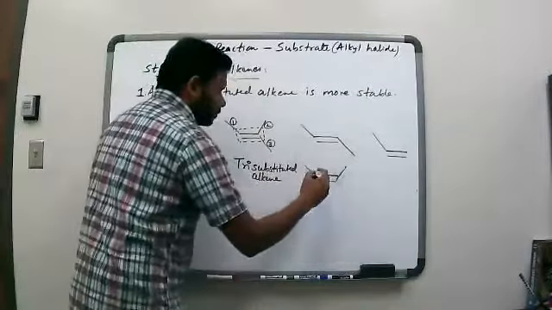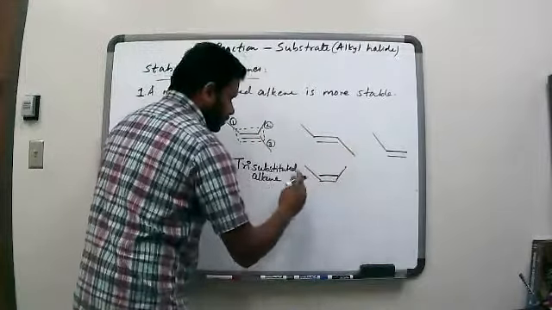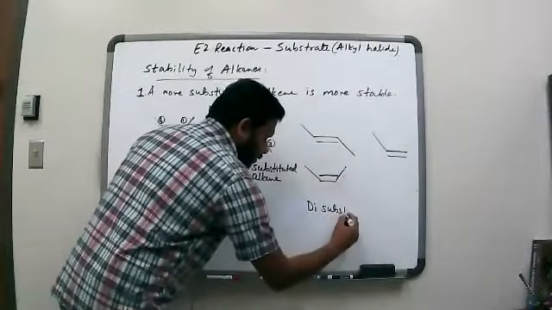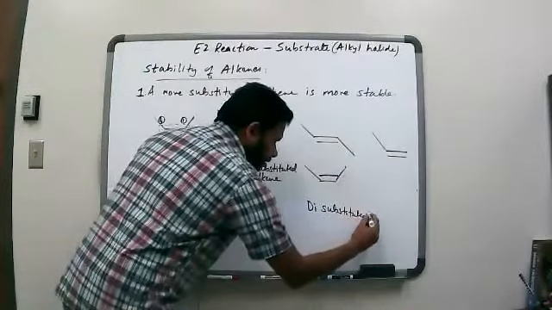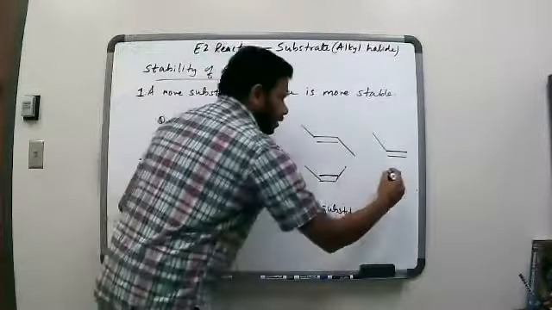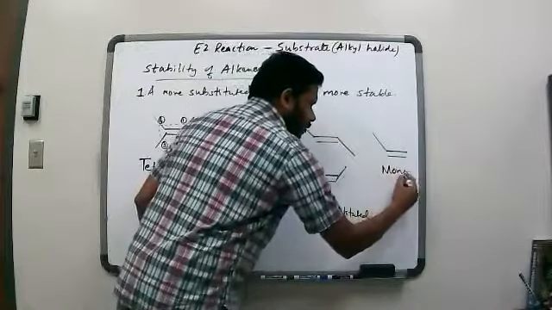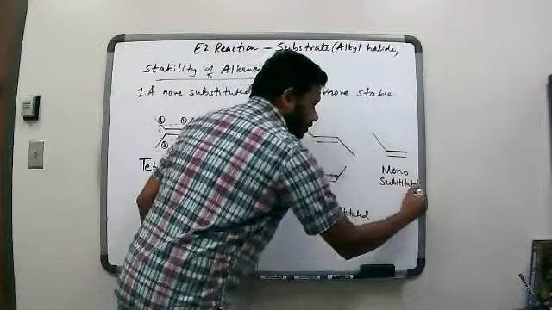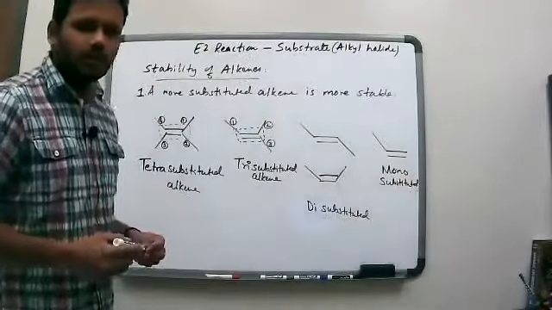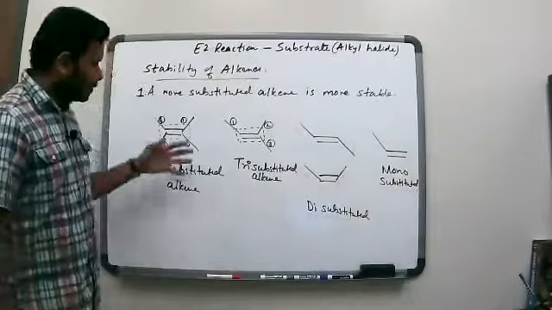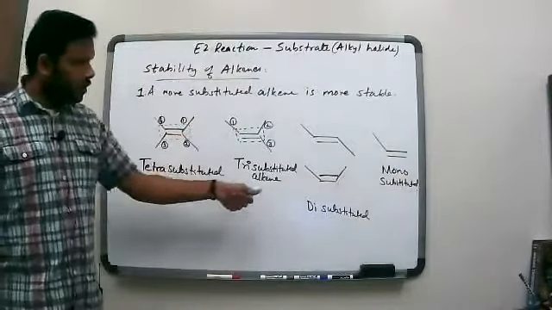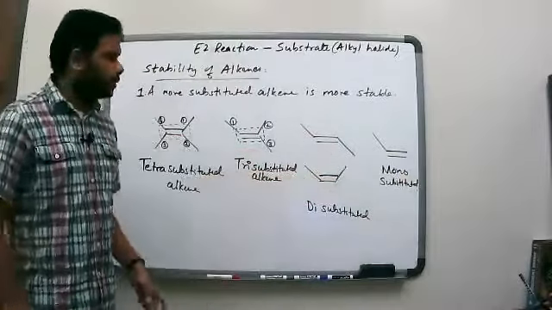Similarly, these two are disubstituted, and then we have a monosubstituted. So mono means 1. Okay, so there's only one substituent on the alkene. So you can basically classify alkenes as tetra, tri, di, or mono substituted.